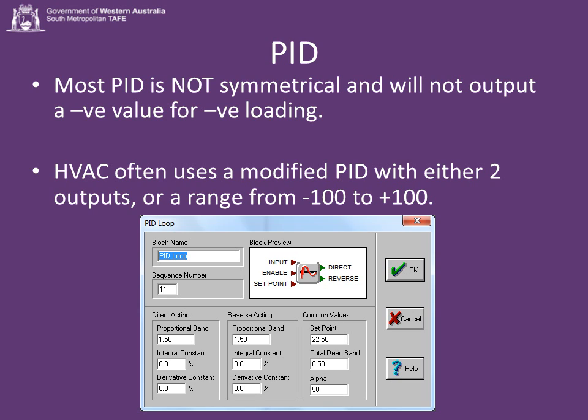The problem you have with PID is most PIDs are not symmetrical. In other words, they won't symmetrically control up and down. So we shouldn't use the same PID for heating and cooling. What we should do is have two separate PIDs, one for heating and one for cooling.